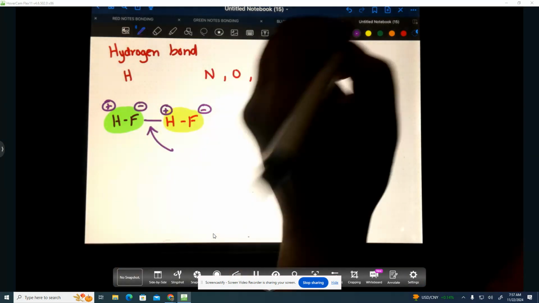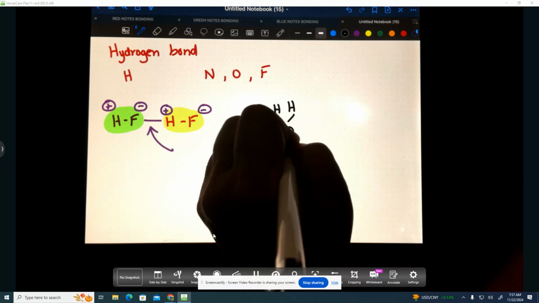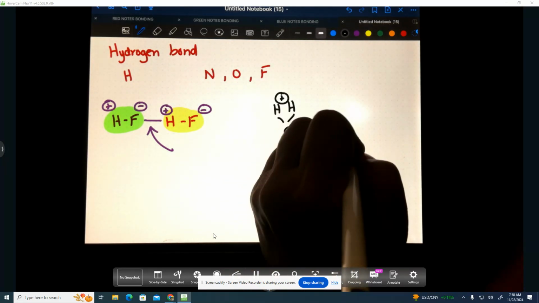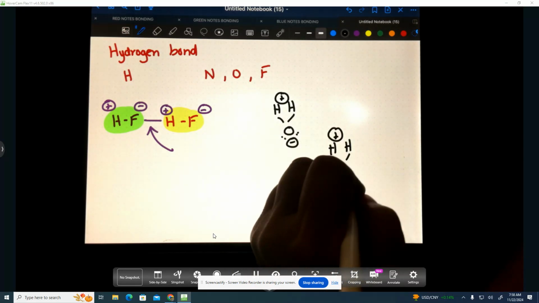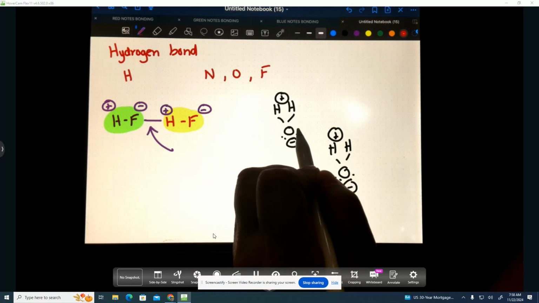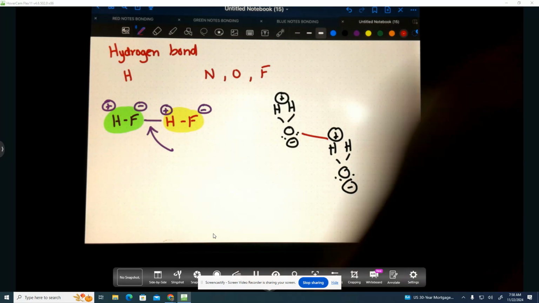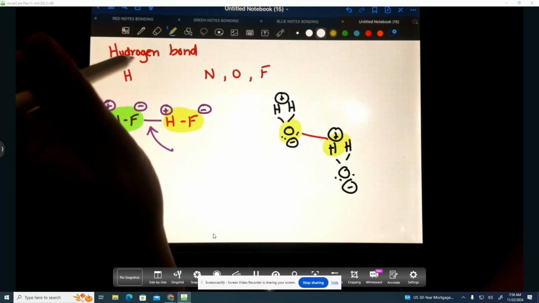The next one was water. Negative side and positive side. Positive side, negative side. And so if I take the positive here and attract it to the negative here, that's a hydrogen bond. Do you see how it is between the hydrogen and the oxygen?